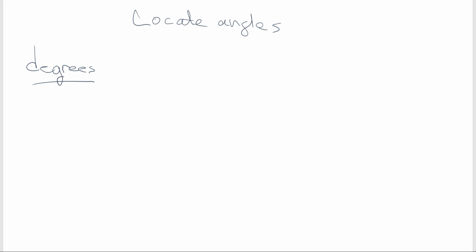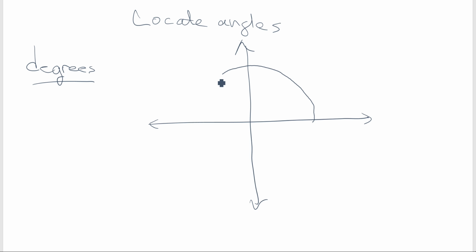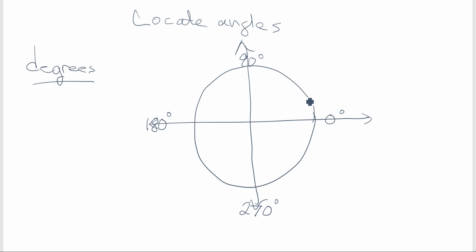A lot of times when you see questions like this, they're done in the coordinate plane with a circle centered at the origin. We've already said that this would be 0 degrees, this would be 90 degrees, this would be 180 degrees, this would be 270 degrees.